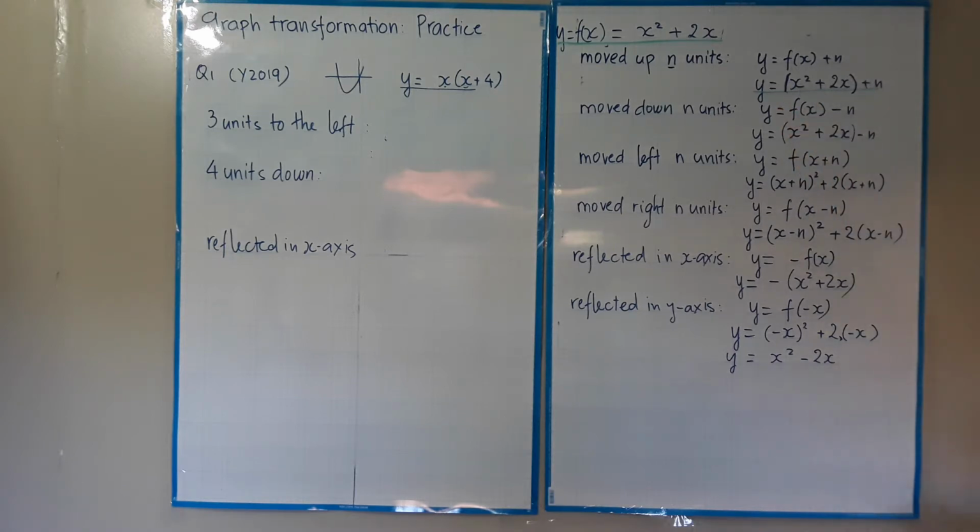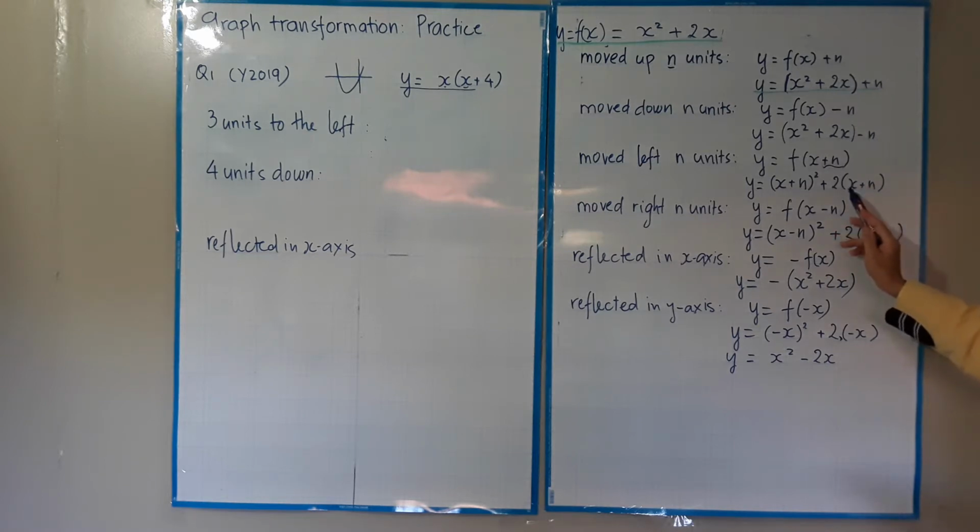When it moved to the left n units, you substitute x with x plus n. Then you would have y equals (x plus n) squared plus 2 times (x plus n).